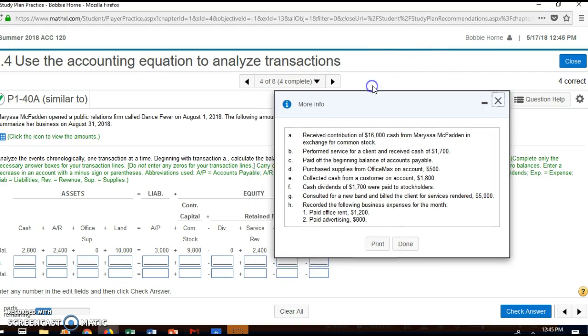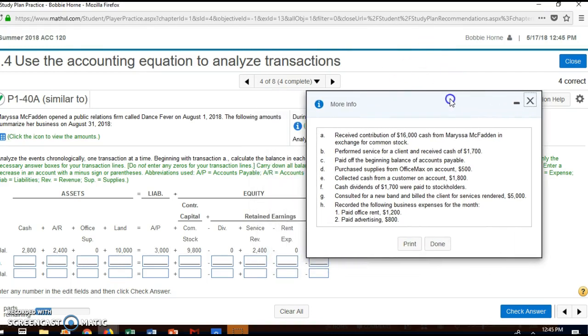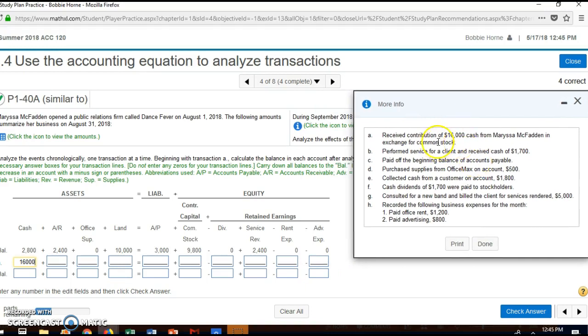And for this one, it says on A, received contribution of $16,000 cash from Marissa McFadden in exchange for common stock. So we are receiving cash, so cash will increase $16,000. And also, Marissa is getting common stock.